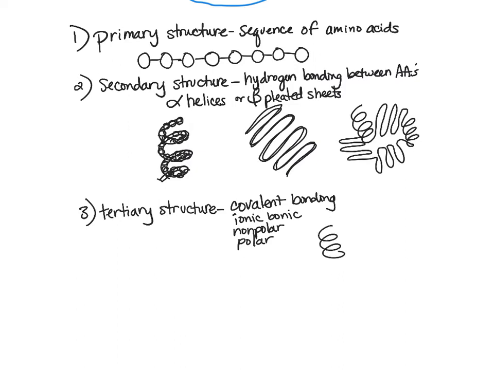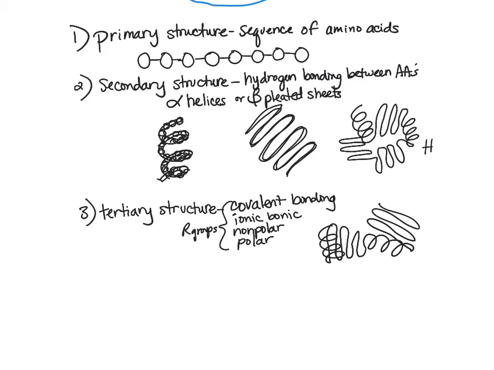So we have the alpha helix and then we can put a beta pleated sheet that is going to bond there, and then an alpha helix and then a beta pleated sheet on there. And so then on our tertiary structure, what we're doing is we're actually creating bonds between the R groups in the alpha helices and the beta pleated sheets, which are based on the R groups. So up here, this was due to hydrogen bonding.